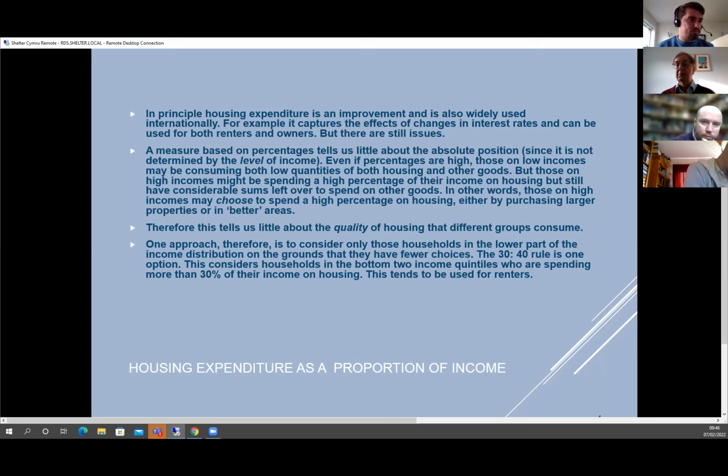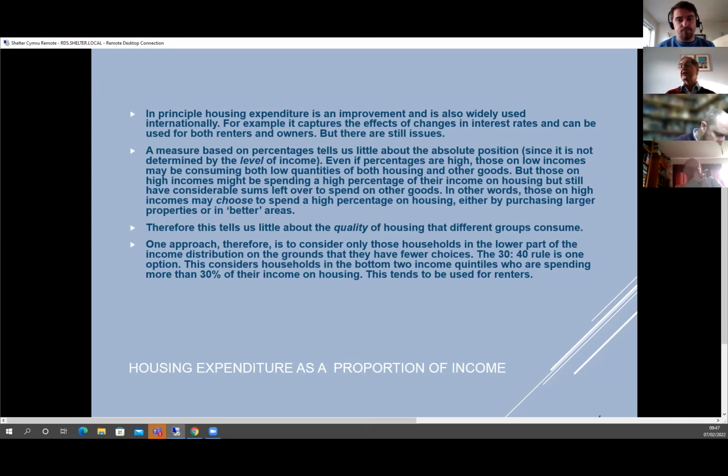A further problem, however, is that those percentages are largely arbitrary. Different measures of expenditure sometimes use something between 20 and 40%. But what we'd really like to know is at what values of expenditure or proportions households are likely to experience housing stress or meet difficulties in meeting their housing payments. There's been quite a lot of Australian work on this issue and some work in the United Kingdom.